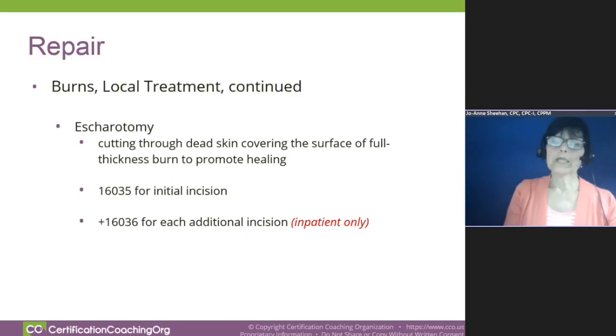And again, if there are 3 additional incisions, it would be 16036 times 3. So it would appear as 16035, 16036 times 3, equaling 4 incisions.